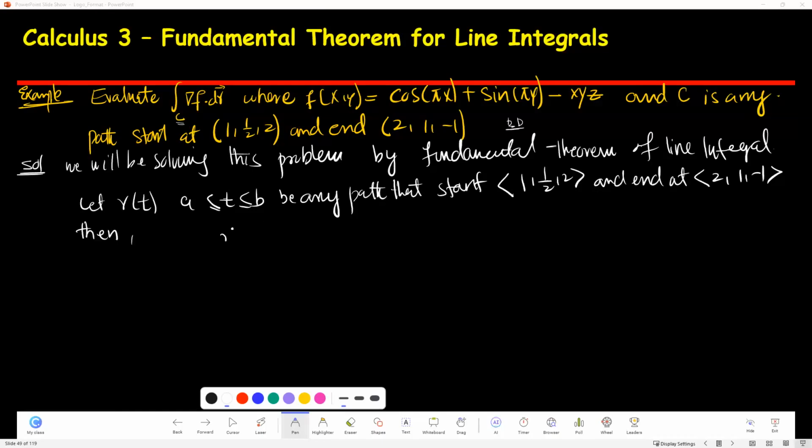Then rA, my position vector, pretty much a starting point, is going to be (1, 1/2, 2), and rB is going to be, these are the coordinates of my point, (2, 1, -1).